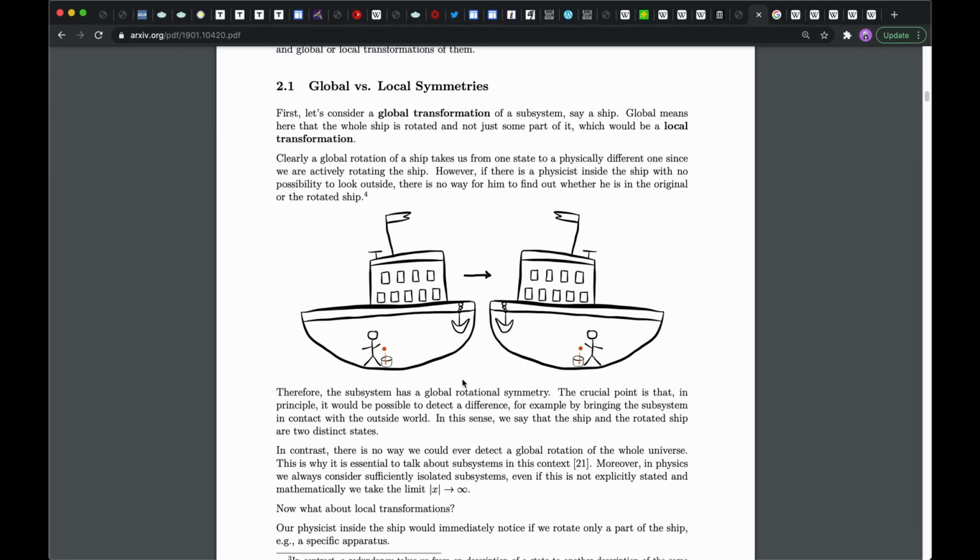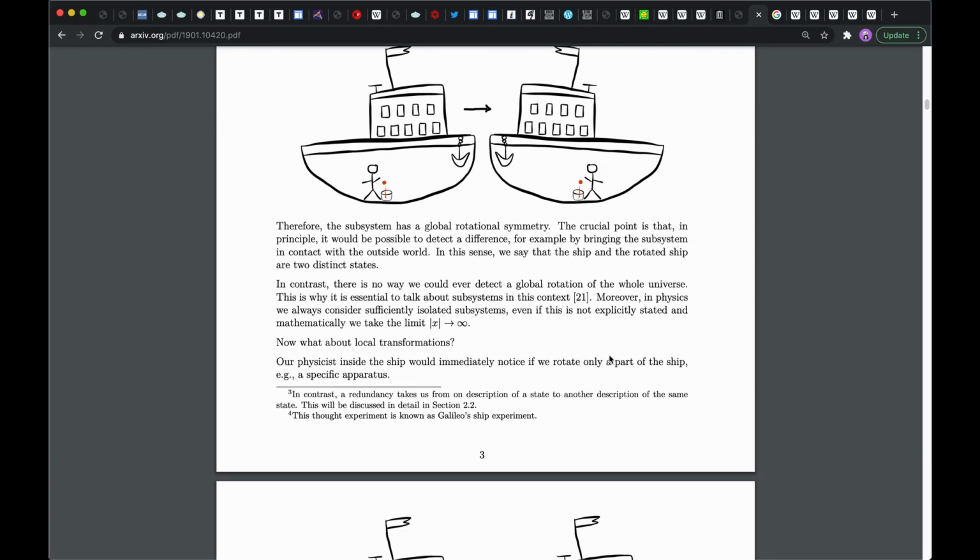We can see a global symmetry where the whole system is rotated, and when you are located inside the ship, you cannot tell if anything changed when the whole system was rotated.